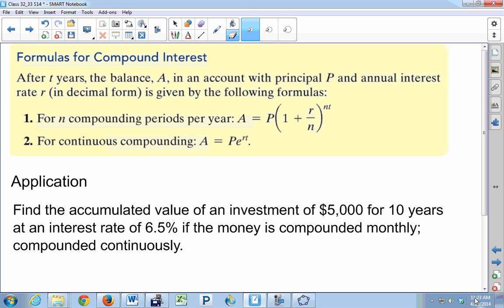Now, we didn't have t in our problem before because t was equal to 1. We weren't doing it for multiple years. But if you were doing it for multiple years, you would have some value for t other than 1. Now, compounding it continuously, this whole thing in here gets replaced with the letter e. So it's the principal times e to the rt.